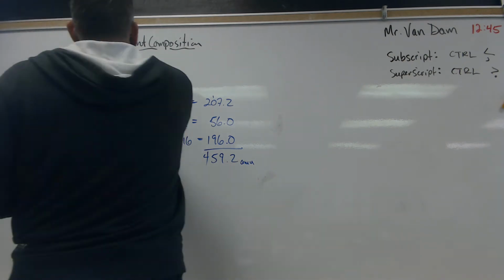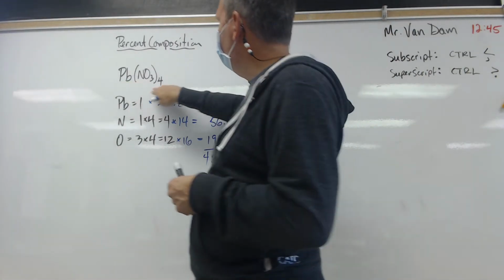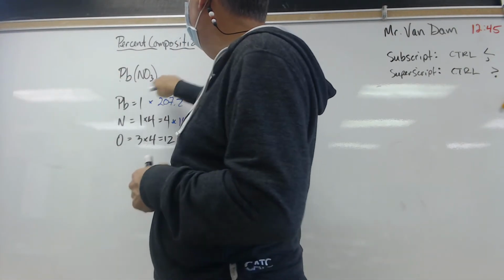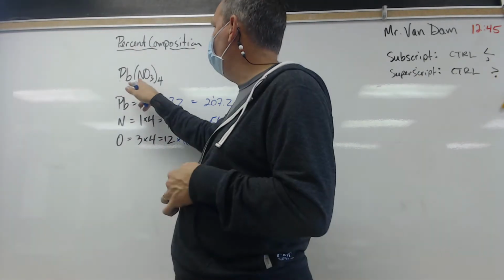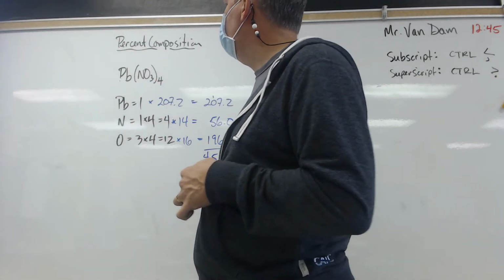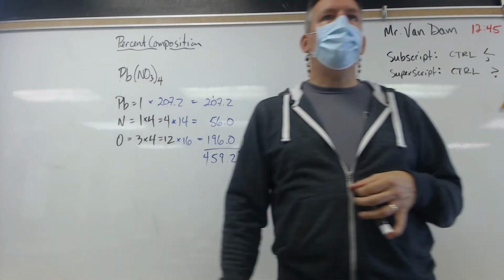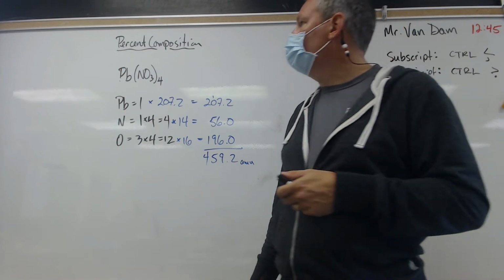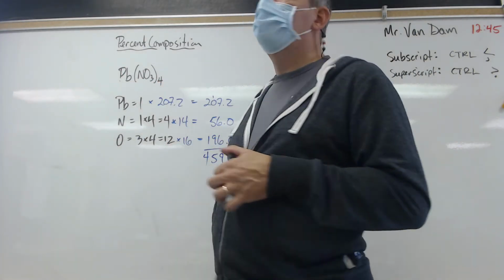So now I ask the question, looking at this compound, if we didn't know this, what percentage of this formula is lead, what percentage is nitrogen, and what percentage is oxygen? Or re-ask the question, which atom makes up most of this compound? You probably would have said oxygen because we've got 12 oxygens.